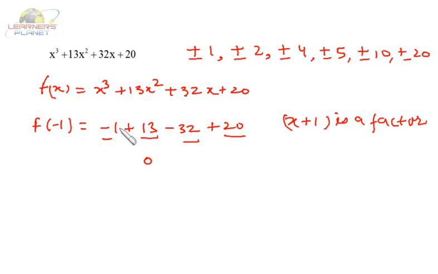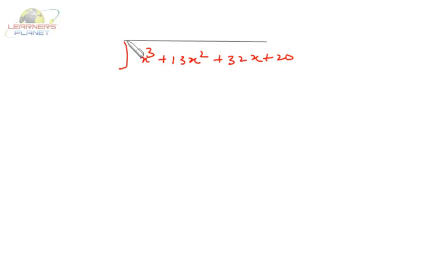Now we can divide this expression by x plus 1. To get x cube, we have to take x square as the first term of the quotient. So it's x cube, then x square into 1 is x square.